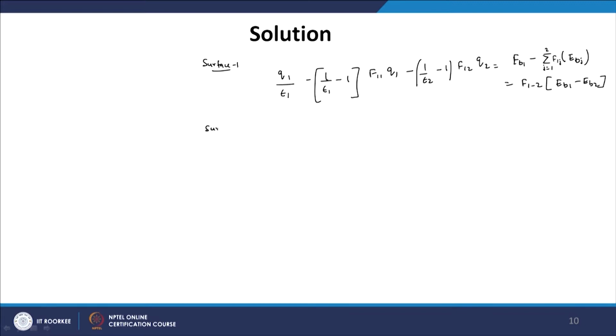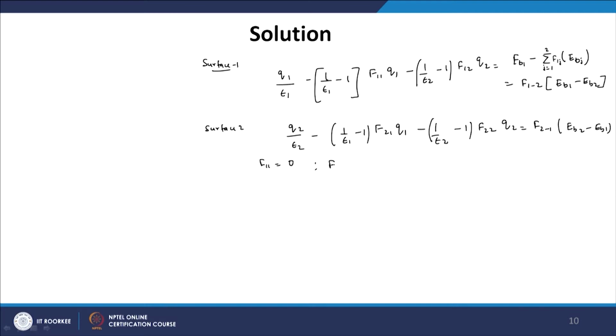Then similarly for surface 2, we have q 2 over epsilon 2 minus (1 over epsilon 1 minus 1) F 2 1 q 1 minus (1 over epsilon 2 minus 1) F 2 2 q 2 is equal to F 2 1 (E b 2 minus E b 1). Okay. So, now let us look at the view factors. F 1 1 definitely is 0.